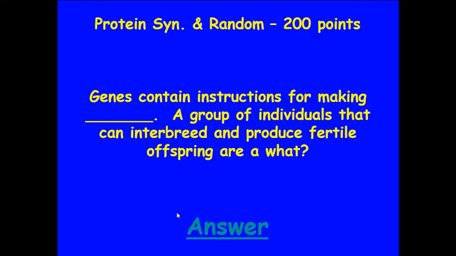Genes contain instructions for making what? A group of individuals that can interbreed and produce fertile offspring are called what? First one is protein synthesis.